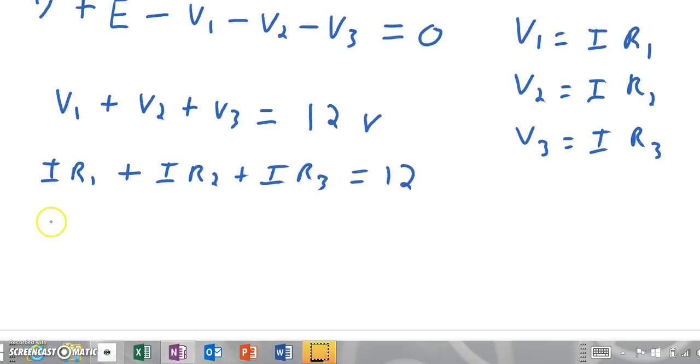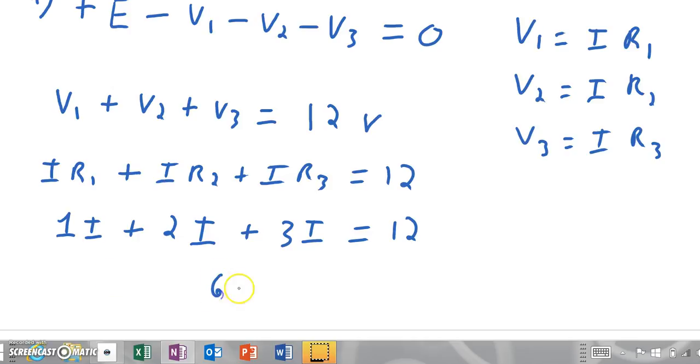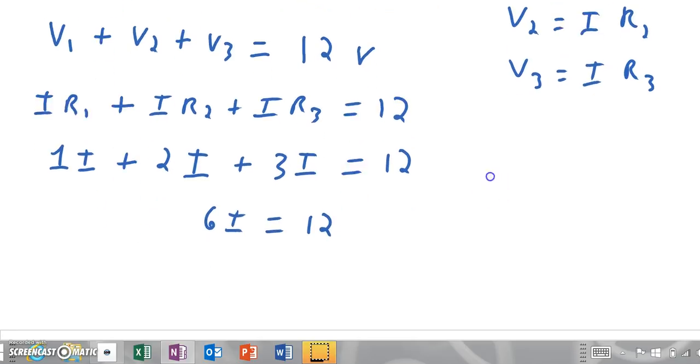We know that we have 1 for R1, 2 for R2, and 3 for R3, so we have 1 times I plus 2 times I plus 3 times I equals 12. Now on the left side of this equation we have 6I equals 12.